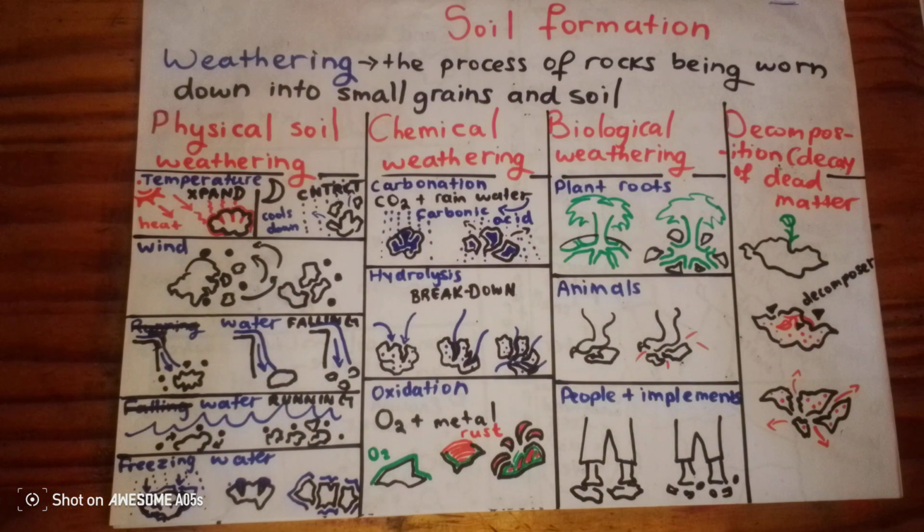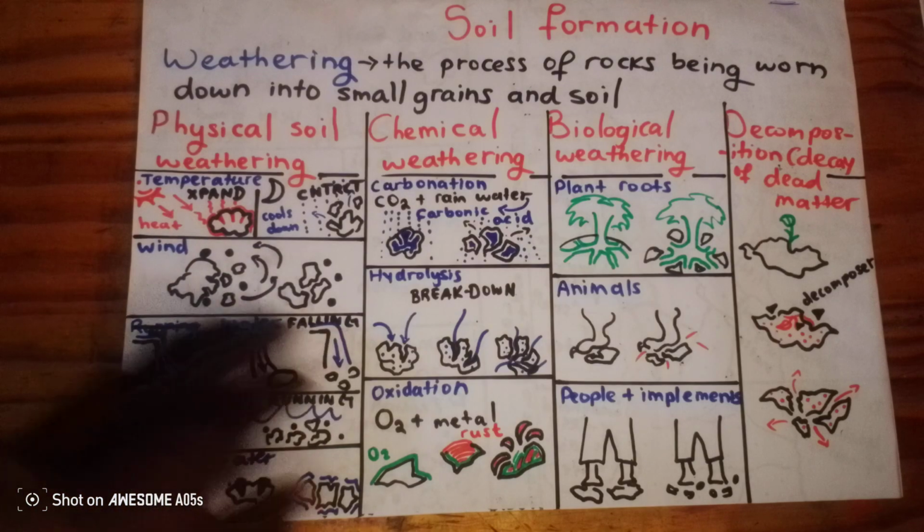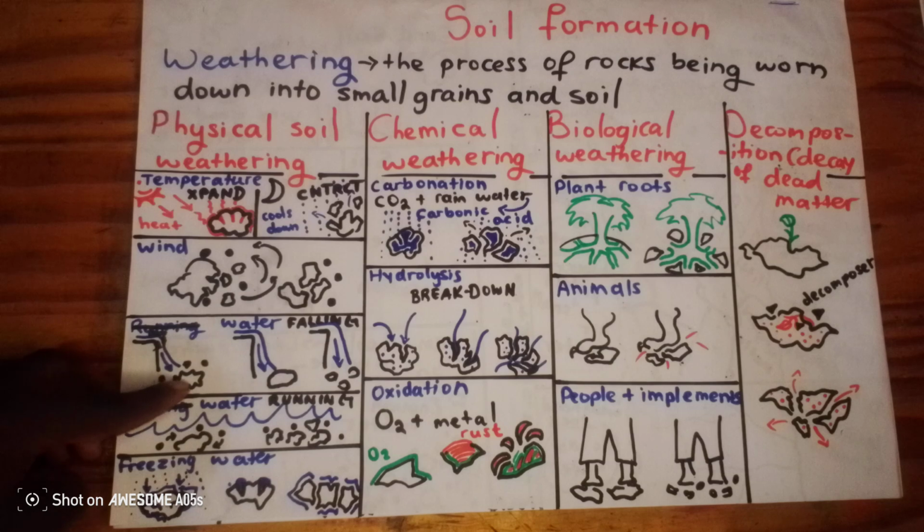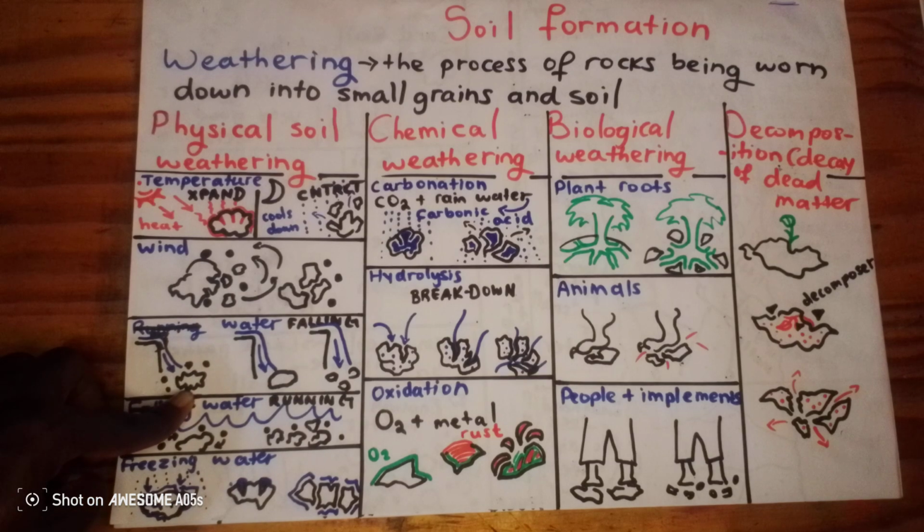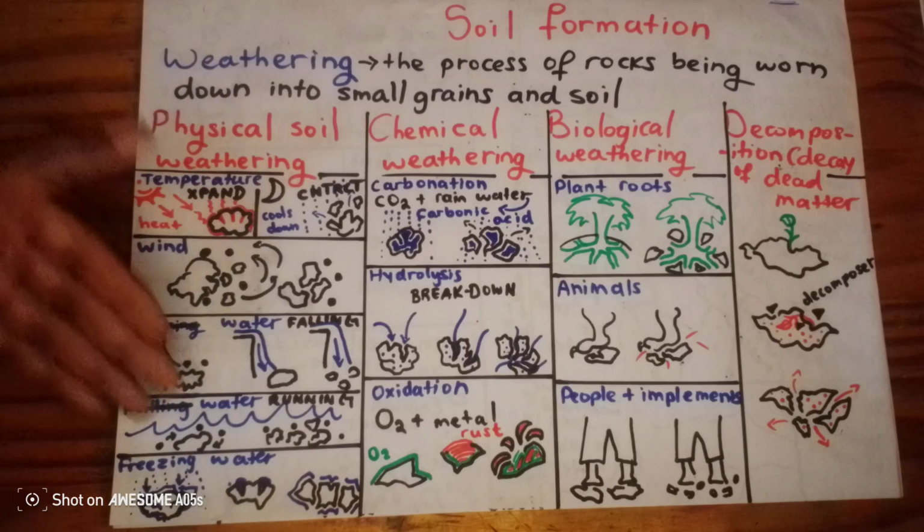And so we have the effect of falling water. I made some errors here, that's why it might look so unorthodox. But anyways, falling water. So here we have the rock and pebbles that fall with the water. This is a waterfall.